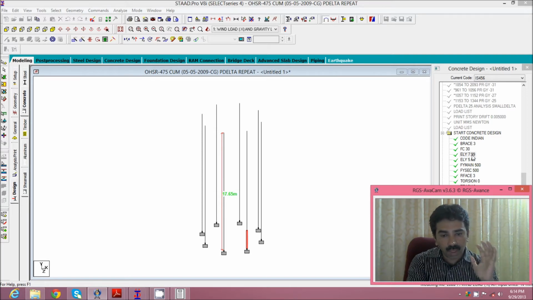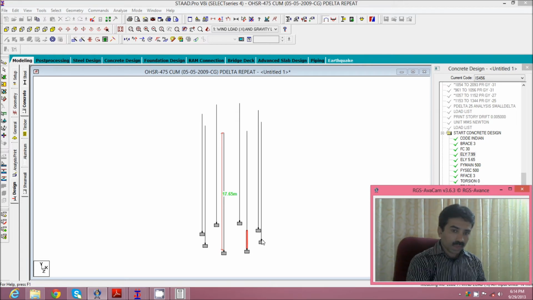So now how to decide this ELY only as 7.99? That is this. Actually, how the system recognizes this ELY concept is, ELY is equal to effective length divided by the actual length of the column.